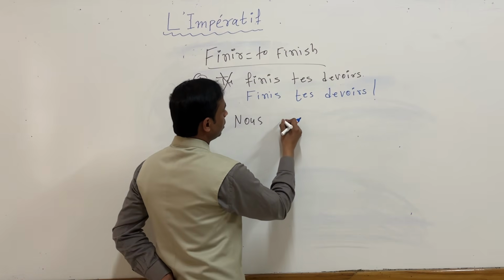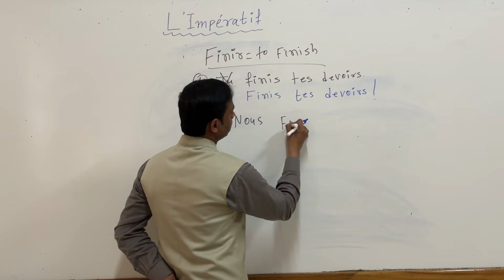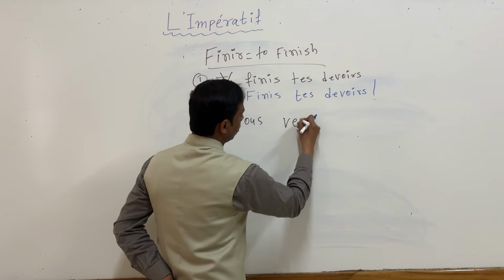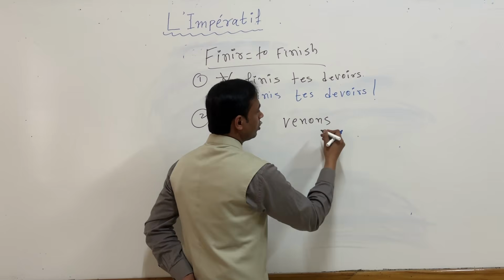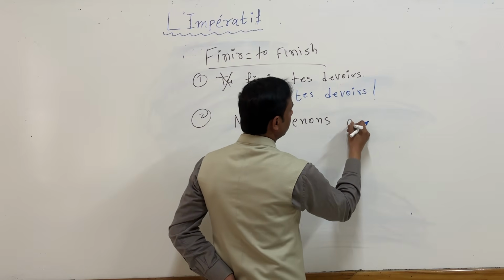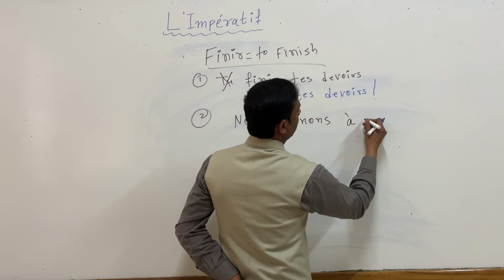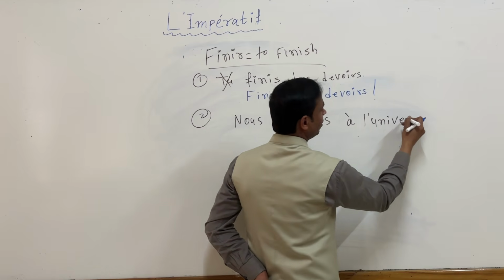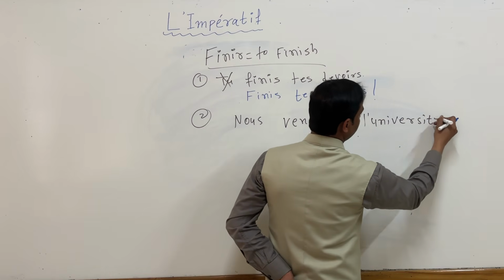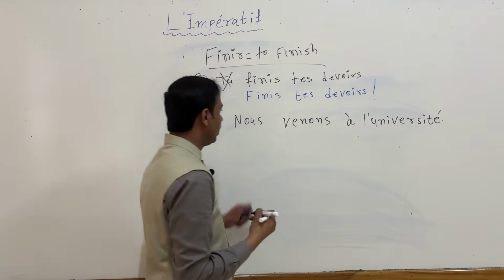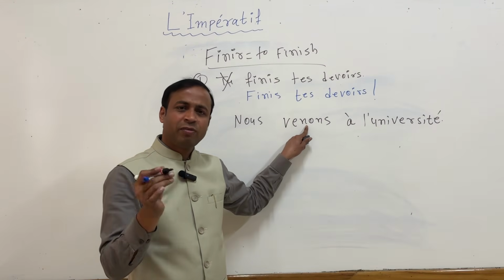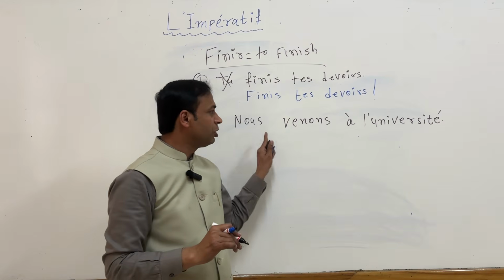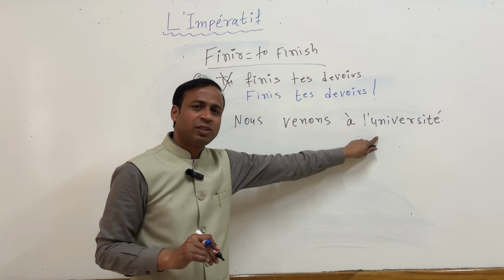Now the second example. Let me write another verb: "Nous venons à l'université." Venons is from the verb venir, which means to come. Nous venons à l'université, which means we are coming to university.